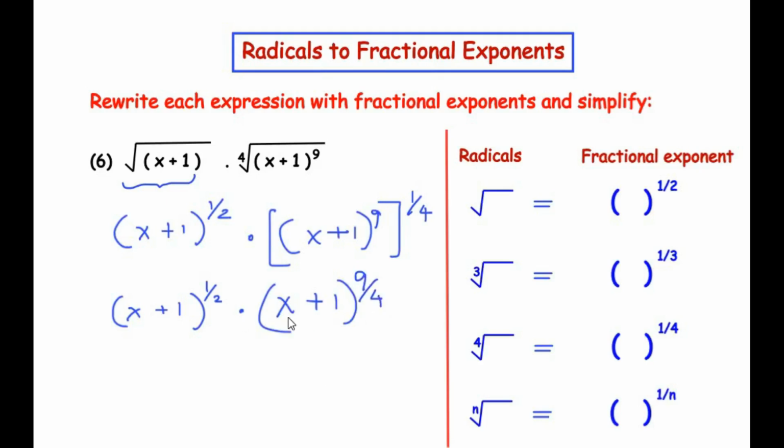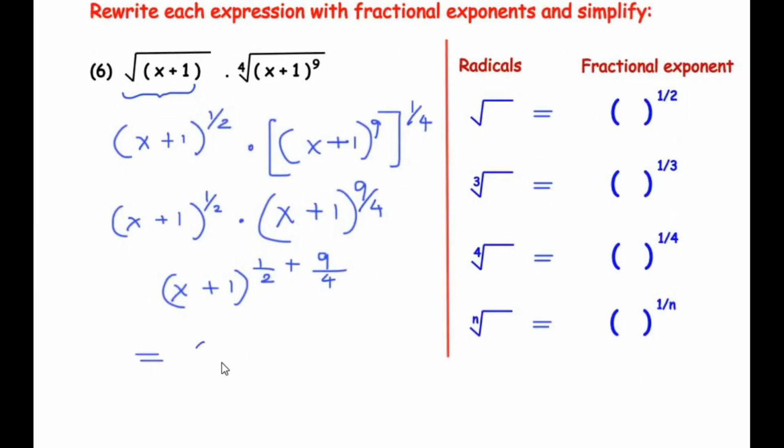Now once you have got this, again using laws of indices, since the bases are the same and there is a multiplication in between, we are going to add the powers. So here we write x plus 1 to the power of 1 over 2 plus 9 over 4. You can take the common LCM over here.